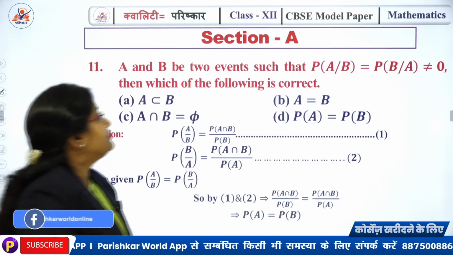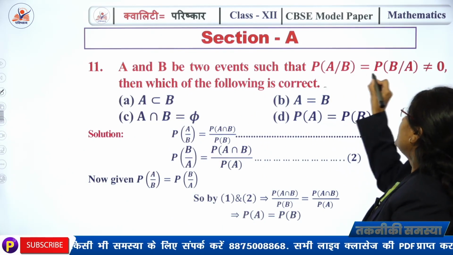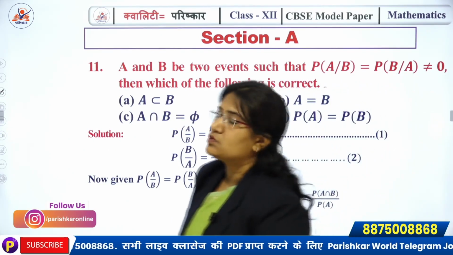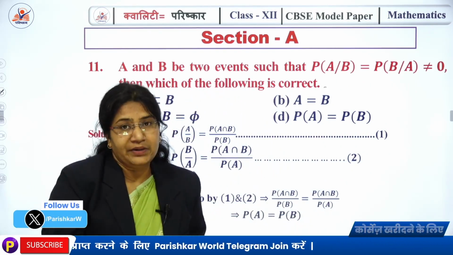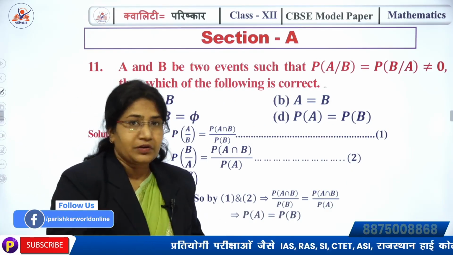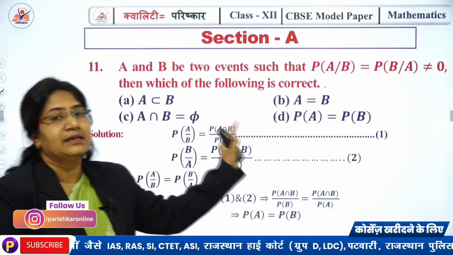A and B be two events such that probability of A by B is equal to probability of B by A and is not equal to 0. That means both the probability of A by B and probability of B by A are equal but not equal to 0. Then which of the following is correct?